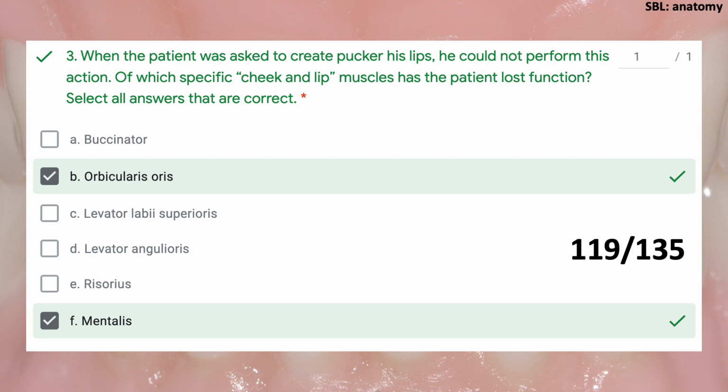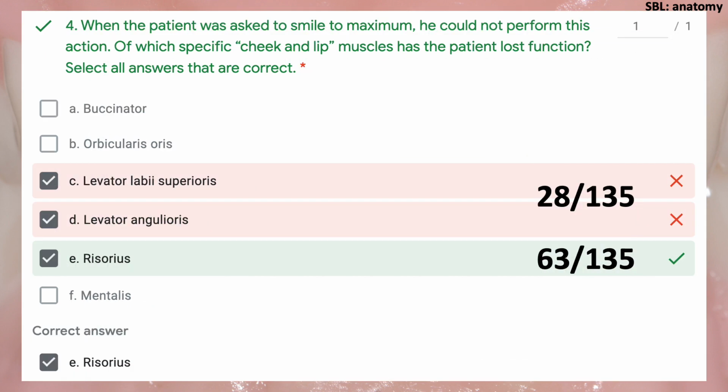People didn't seem to have a real issue with this question, and this question was the other question I threw out. I was hoping most people would pick risorius, because that's the muscle that will pull the commissures or the angles of the lips laterally when we're smiling or saying E. Now, I had to really think about levator labii superioris or anguli oris.